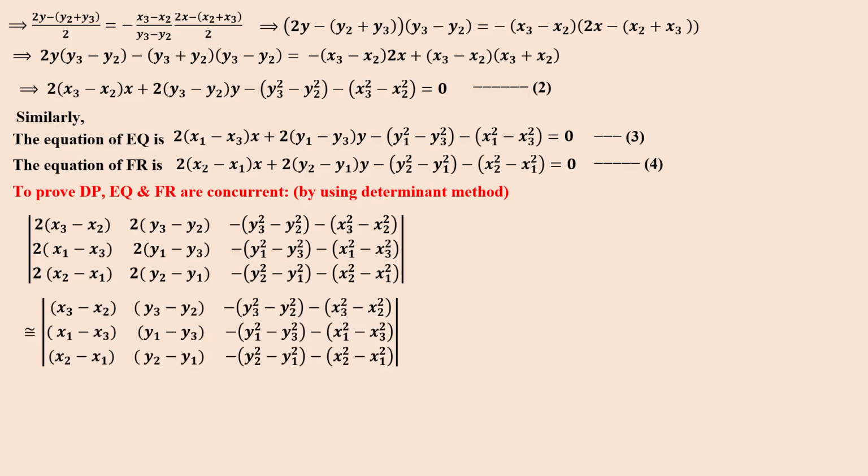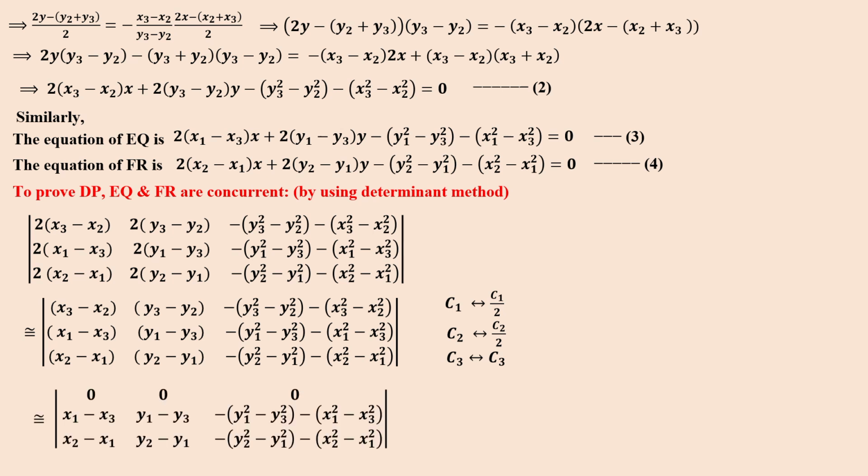So the idea is, 2 is common, take it outside from the first column and second column, you can cancel that. Cancel means you can divide it by 2: C1 divided by 2, C2 divided by 2, C3 as it is. Now take R1 replaced by R1 plus R2 plus R3.